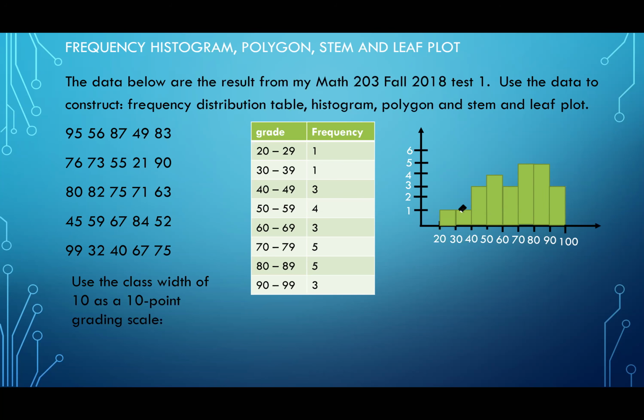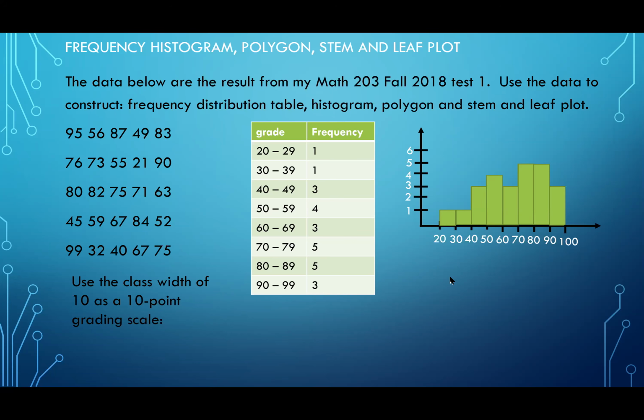From 30 to 40, how frequent, and so on. So this is your histogram, and you go into your class and ask yourself, how far up do I have to go with that group of data?